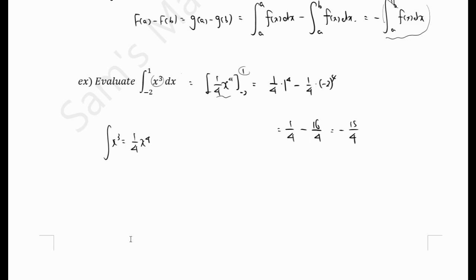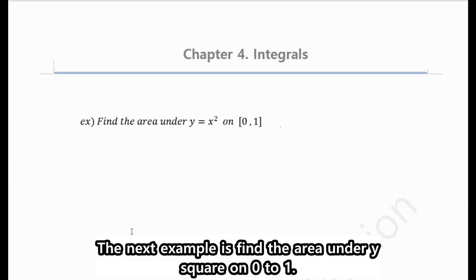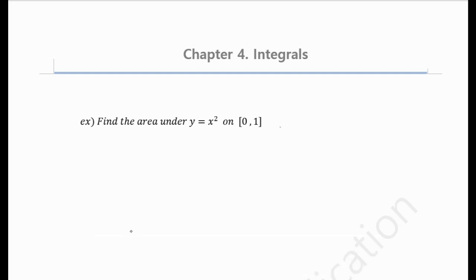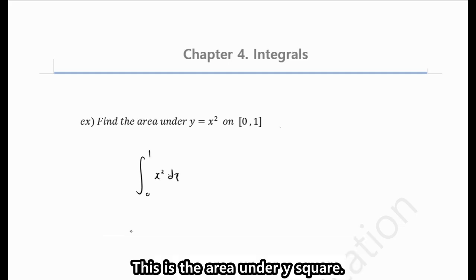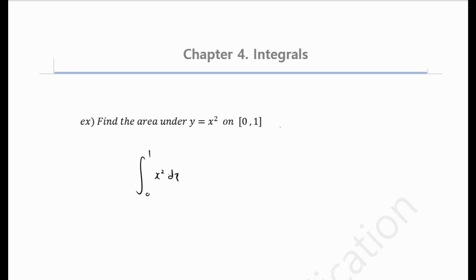So the next example is to find the area under y equals x squared on 0 to 1. So this is the definite integral between the integrand and the x-axis from 0 to 1. This is the area under y equals x squared.